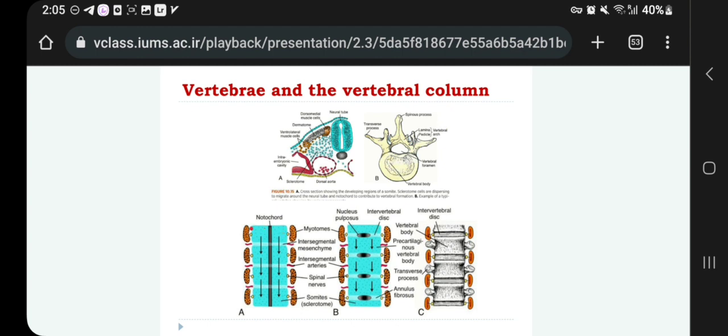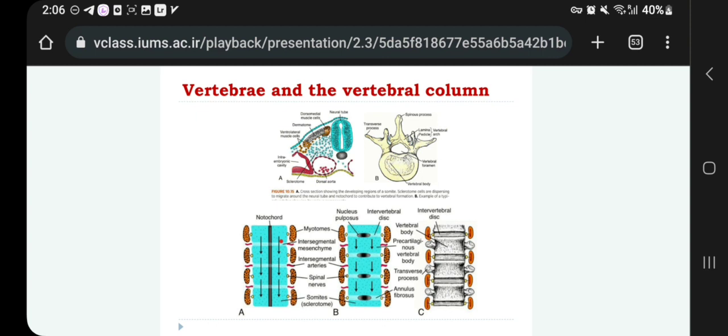The character of this segment is different between its different parts. In the cranial part, the proliferation is low, and in the caudal part, the cell proliferation is rapid, and in the middle we don't have any proliferation.